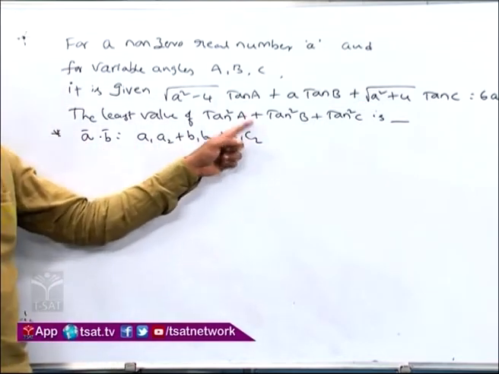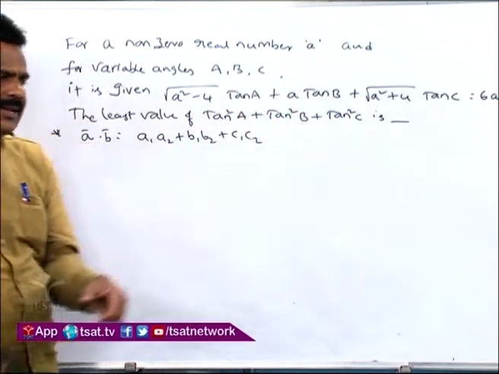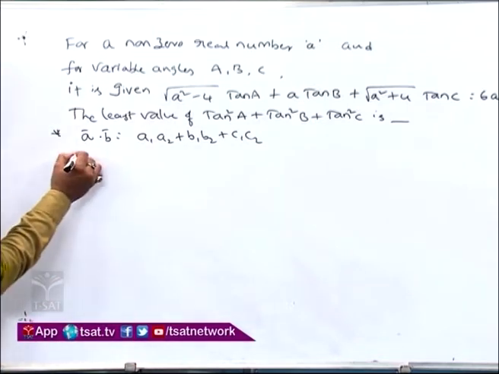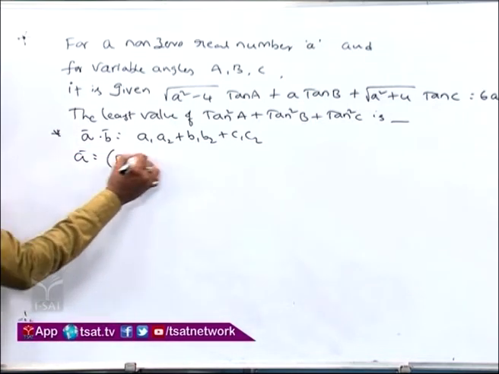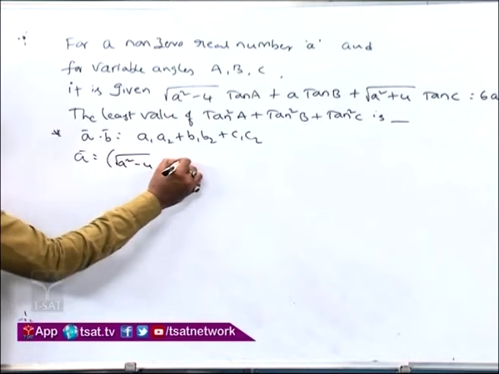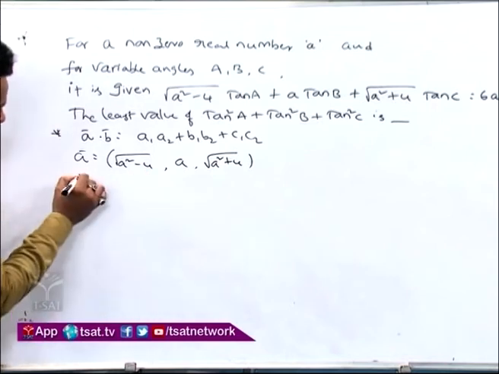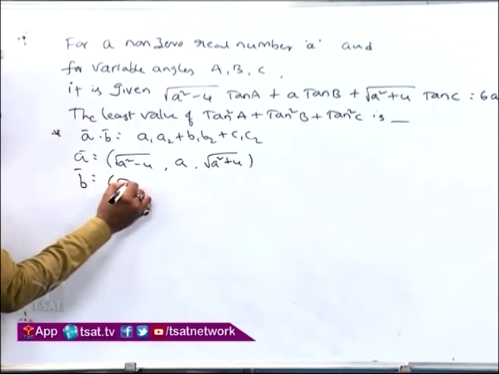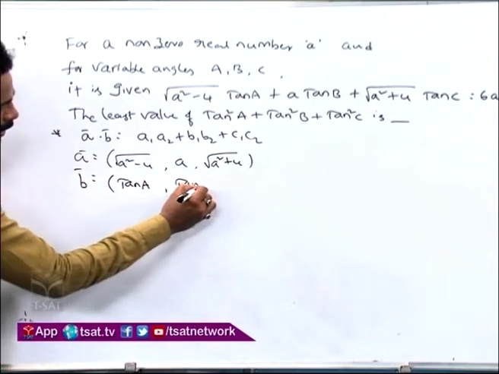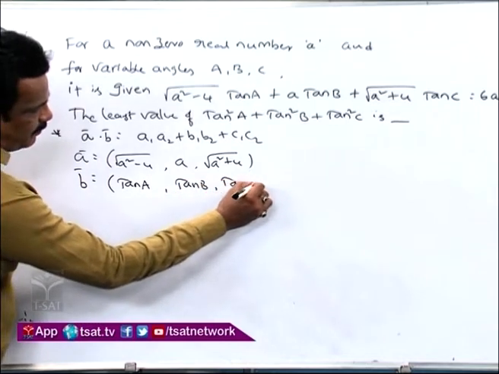For a2 b2 c2 I can take tan A, tan B, tan C. So if I take a bar as the vector root of a square minus 4, a, root of a square plus 4, and b bar as tan A, tan B, tan C.